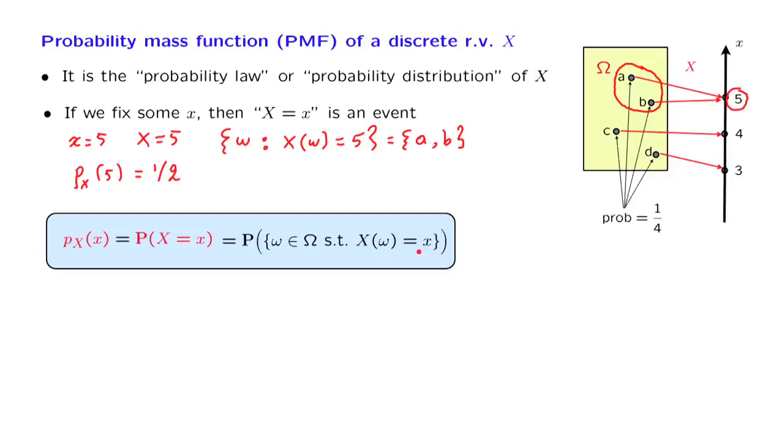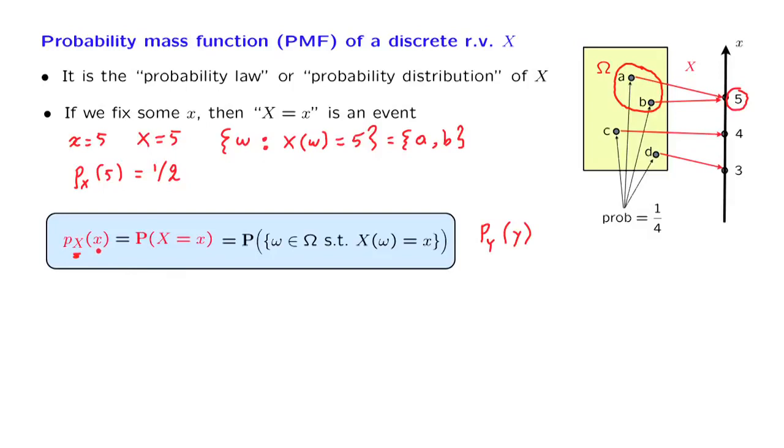A few things to notice. We use a subscript, capital X, to indicate which random variable we are talking about. This will be useful if we have several random variables involved. For example, if we have another random variable on the same sample space, capital Y, then it would have its own probability mass function, which would be denoted with this particular notation here.